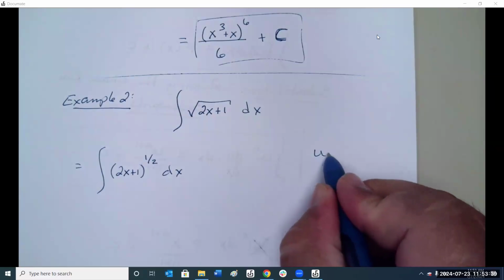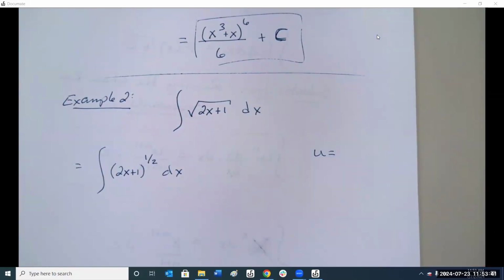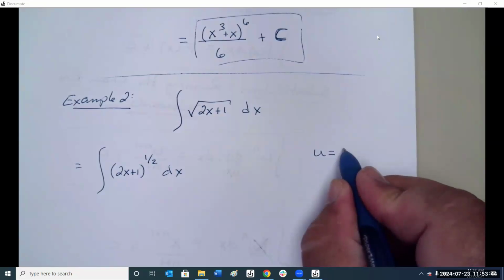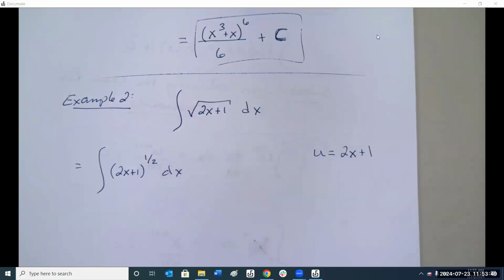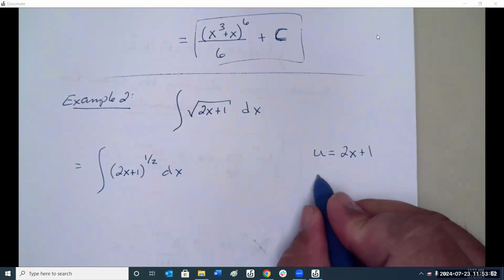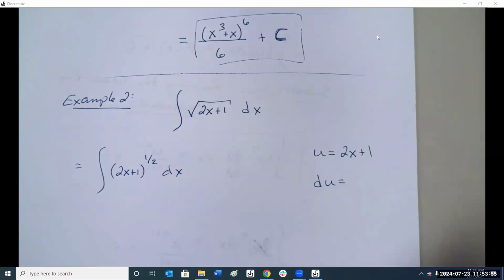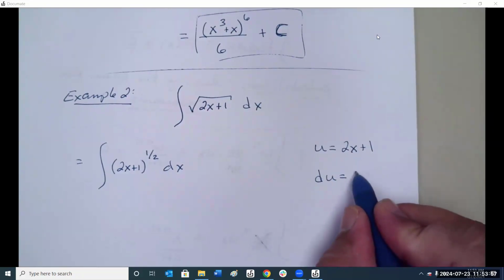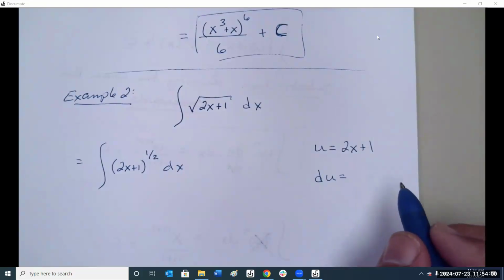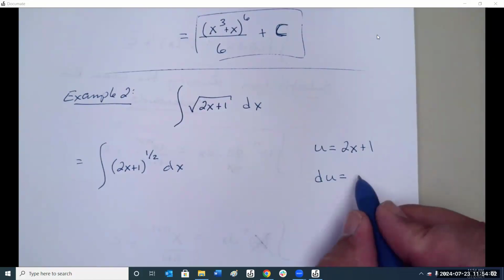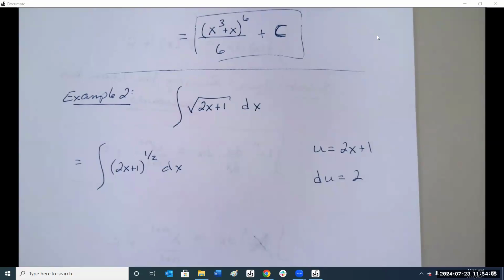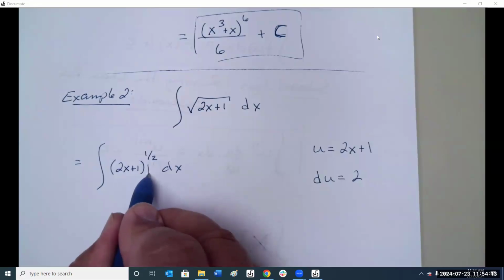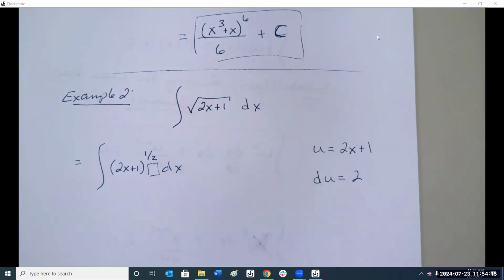So now we know what u is. What is u? 2x plus 1. n is 1/2. So the derivative of u is, the constant disappears, derivative of x is 1, so it's just 2. We're missing that 2.